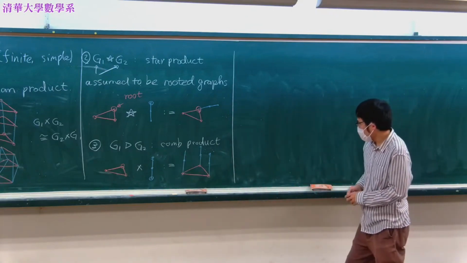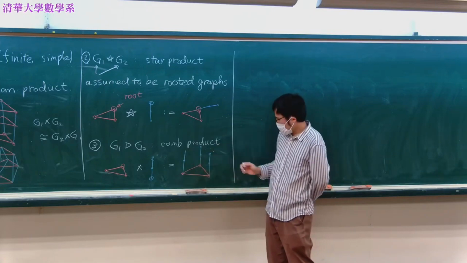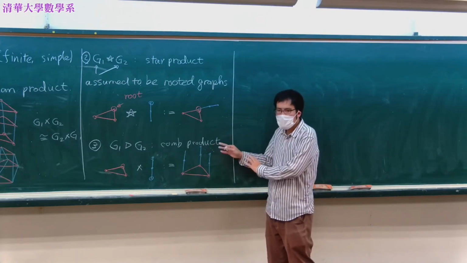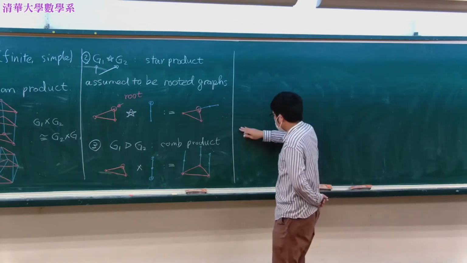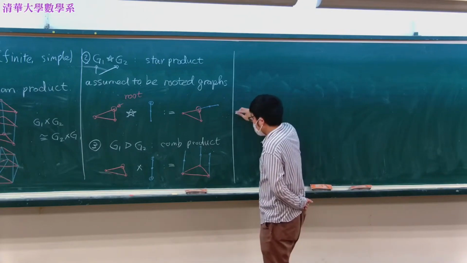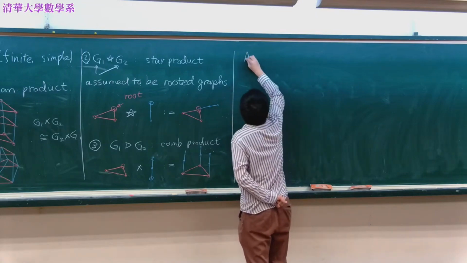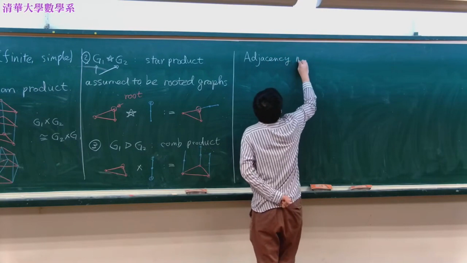And in order to compute the eigenvalues of the adjacency matrix, some non-commutative probability techniques are useful. Okay, so next, adjacency matrix.